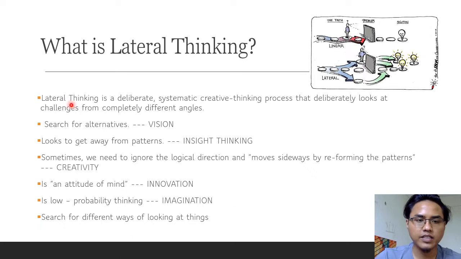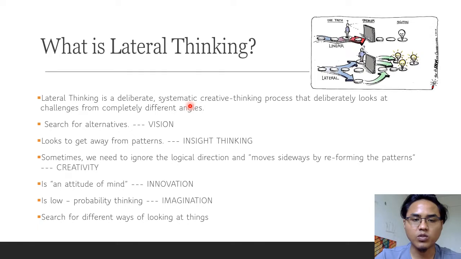As you can see in the slide, lateral thinking is a deliberate, systematic, creative thinking process. Deliberate, it looks at the challenge from a completely different angle. Lateral thinking is a search for alternatives, which in simple words we can say is vision. After that, it looks to get away from the pattern, which is inside thinking.